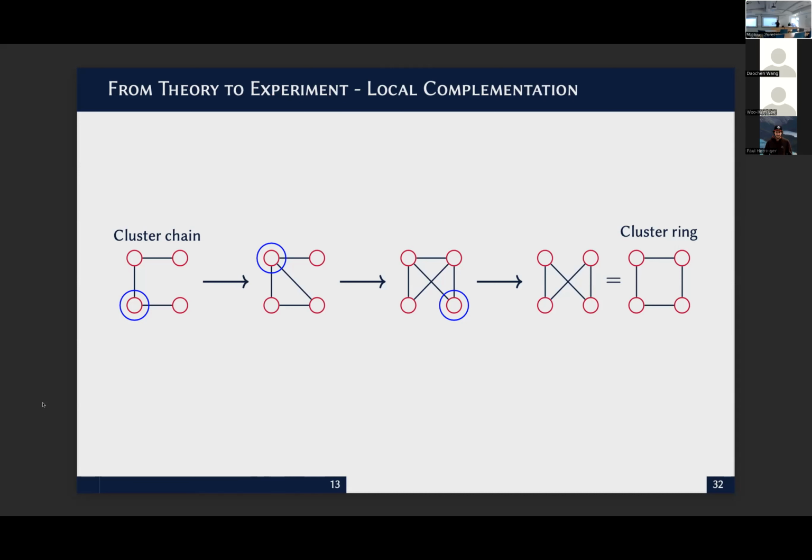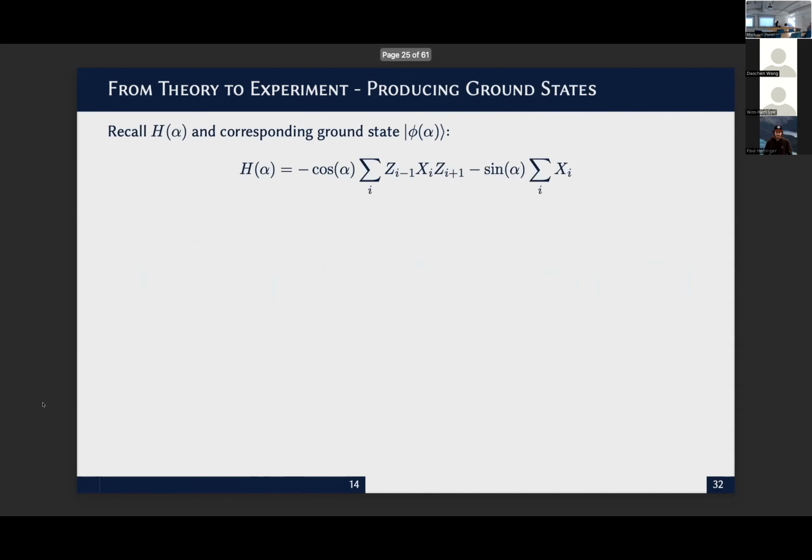So just via local unitary operations, I can start with this cluster chain and end up with a cluster ring, essentially doing some software tricks to simulate a ring, even though the architecture really supports a chain natively. And the second step of trying to reproduce this result experimentally is we actually have to create these ground states that we're interested in doing measurements on.